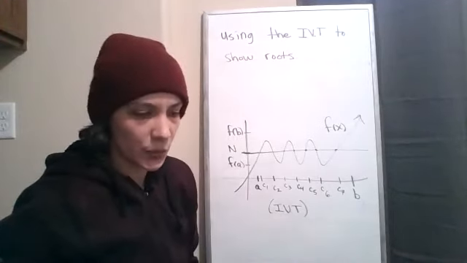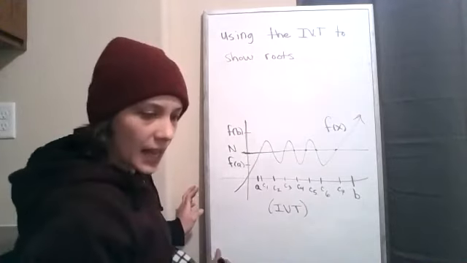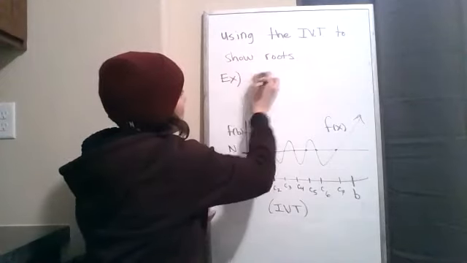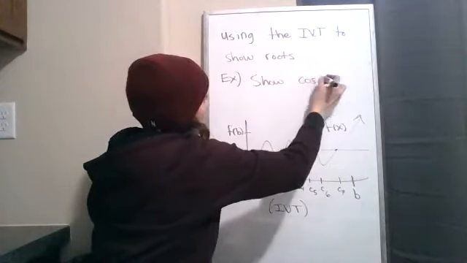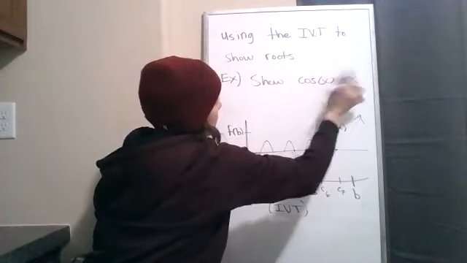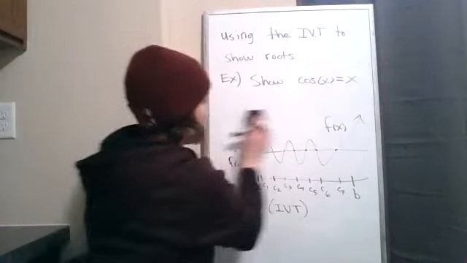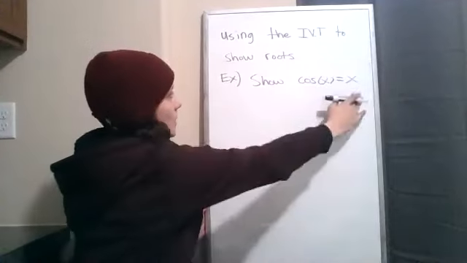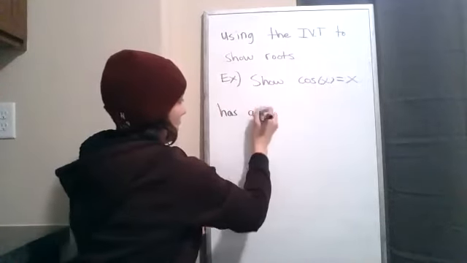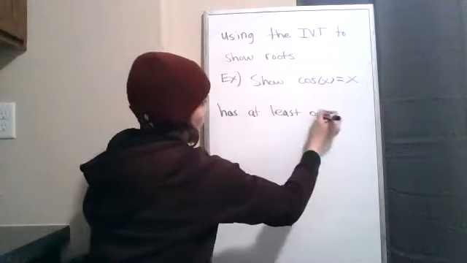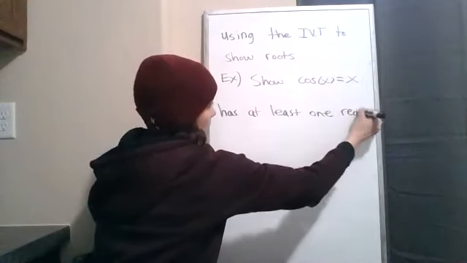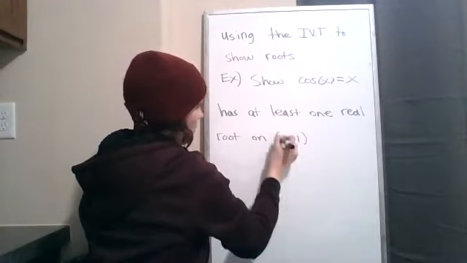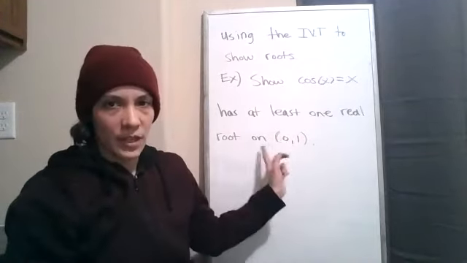All right, we want to show that cosine of x equal to x has at least one real root on the interval between 0 and 1.